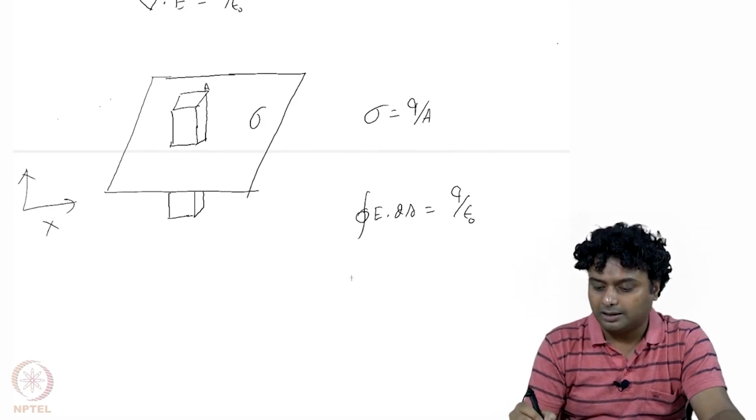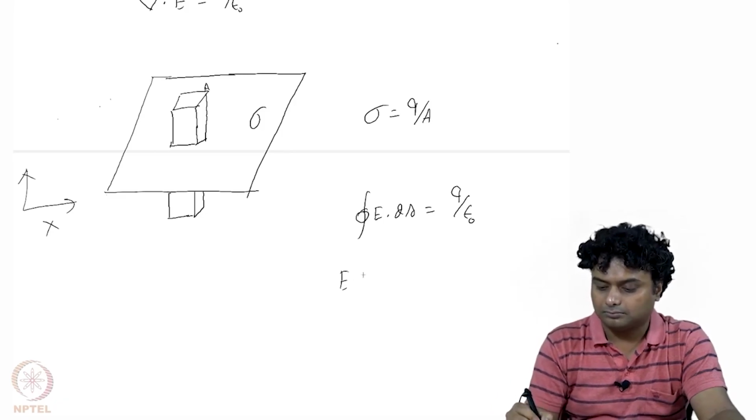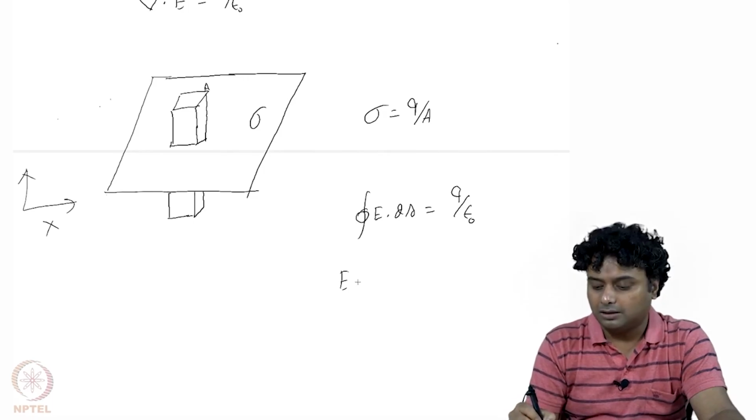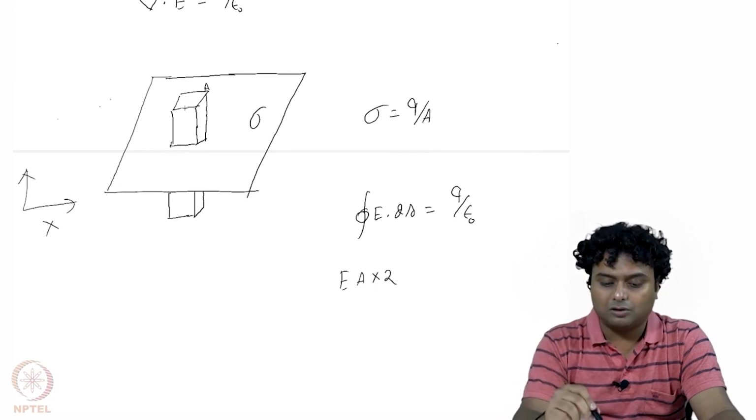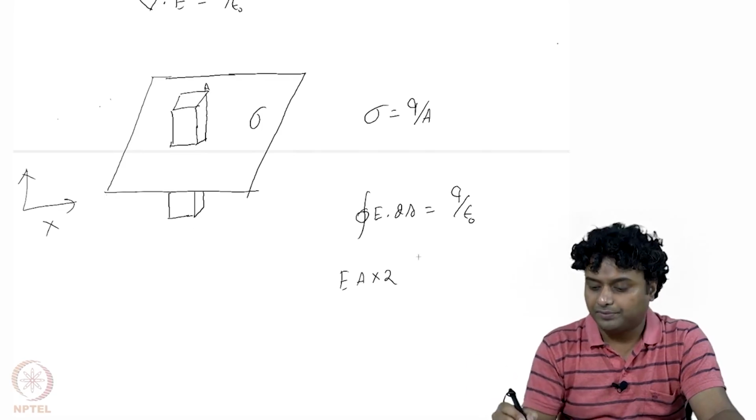Now we can write that the total flux out of this is E into A into 2. Why? Because there will be flux out of the top side and also from the bottom side, correct.